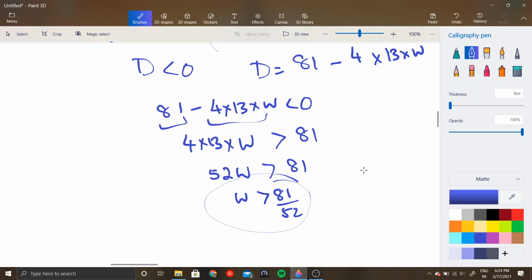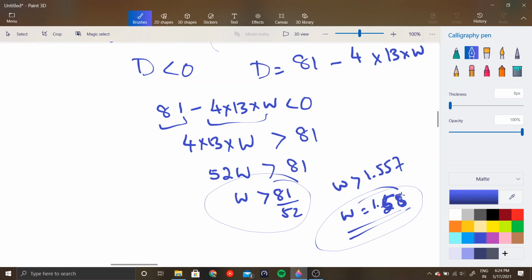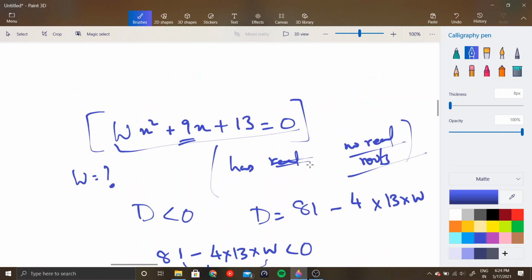So what is 81 by 52? It results in 1.557. So w is greater than 1.557. So you can just take the value w is 1.6, right? For the value 1.6, or even for the value 1.58, the equation will have no real roots.